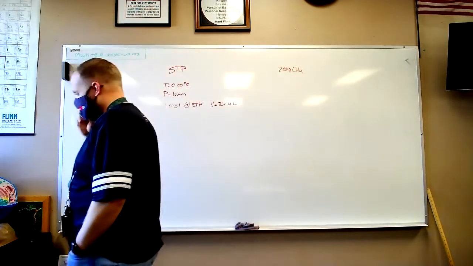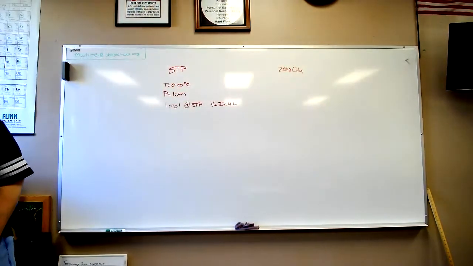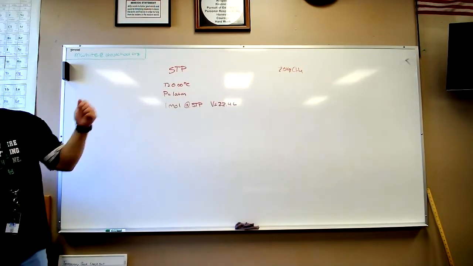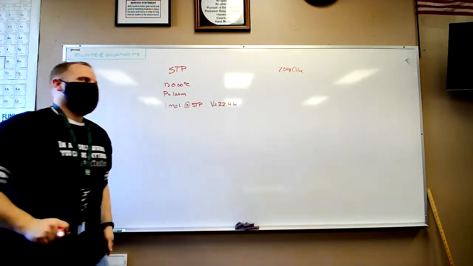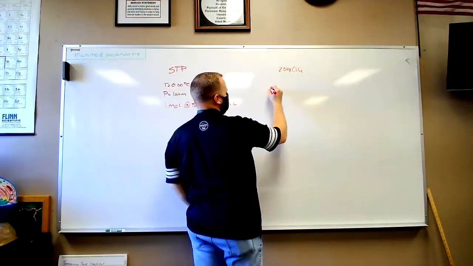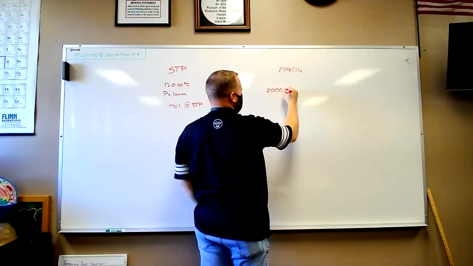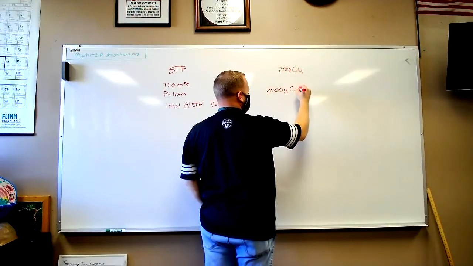Now, if we have grams, can we work with that very easily in chemistry and doing calculations? No. What's the first thing we do with grams? Change it to moles. Very good. So we have 2,000 grams of methane.